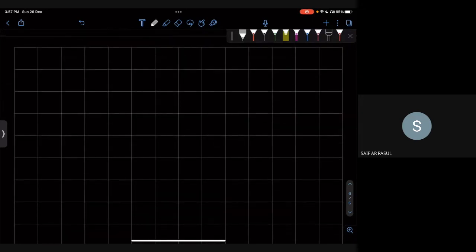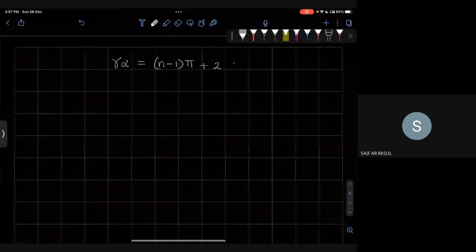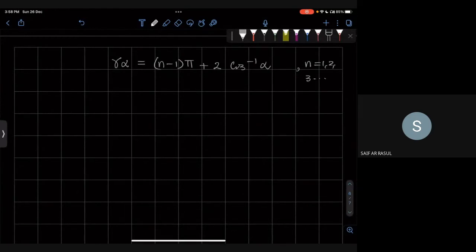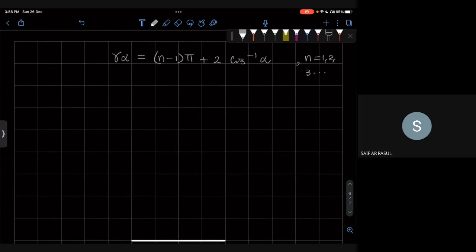So gamma a equals (n minus 1) pi plus 2 cosine inverse of alpha, where n goes from 1 to 3 and so on. It's an integer.